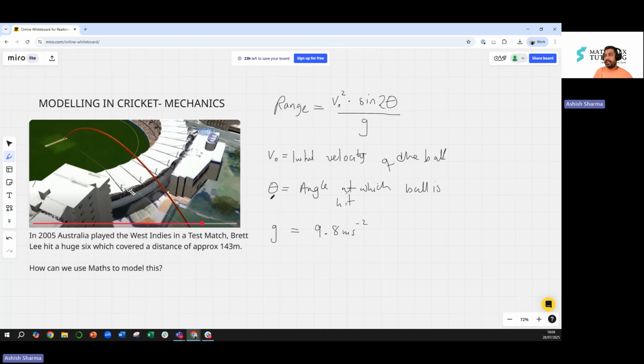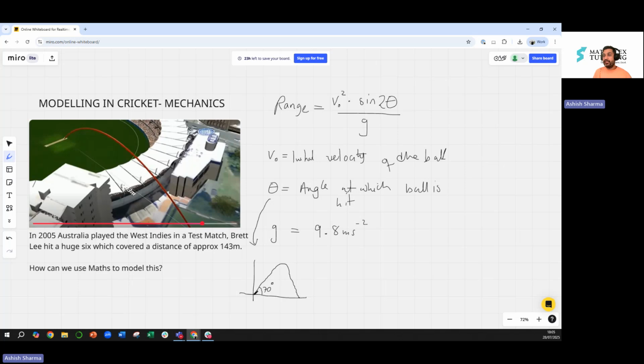Now, when we think about the angle at which a ball is hit in cricket, if you hit the ball with a steep angle, let's say, for the sake of argument, 70 degrees into the air, then the ball will go quite high, and it might not achieve the distance to clear a particular boundary.